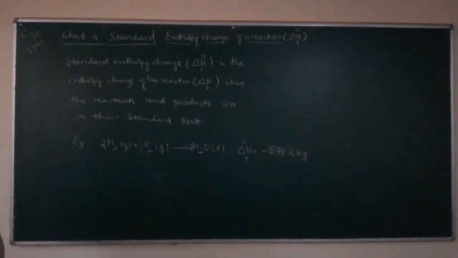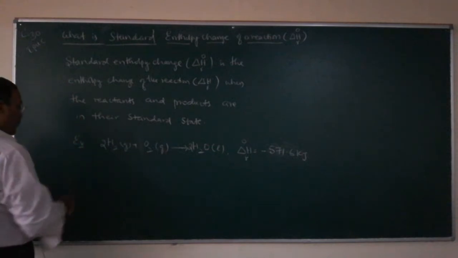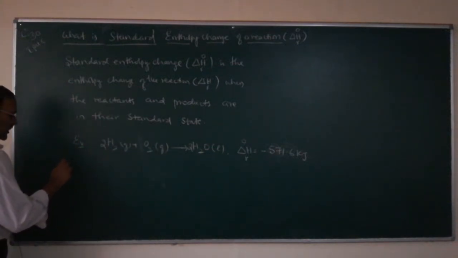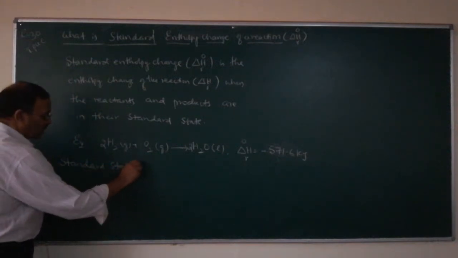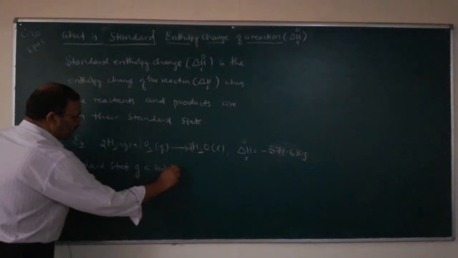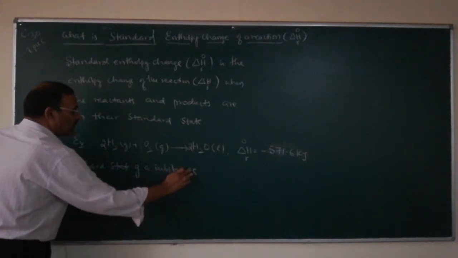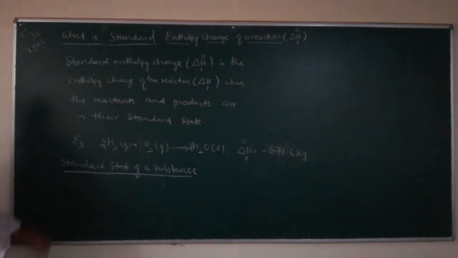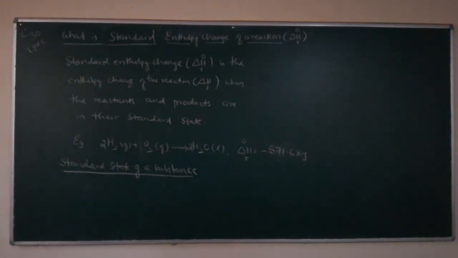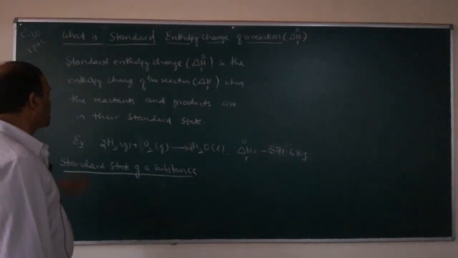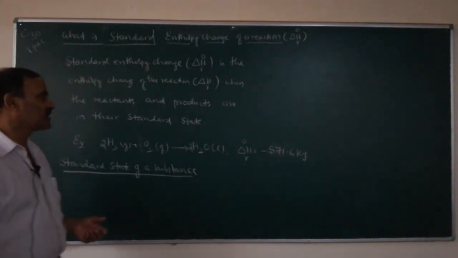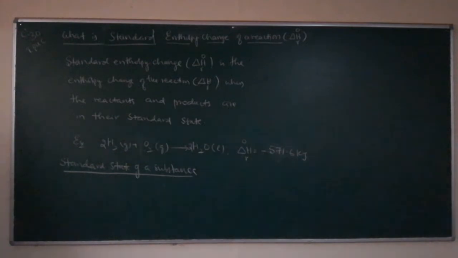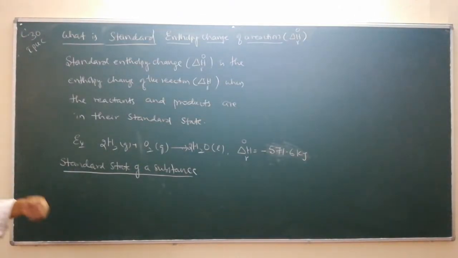So this is what is known as standard enthalpy change. Then we shall know what is the standard state of a substance. I used the word standard state. Standard enthalpy change is the enthalpy change of the reaction when the reactants and products are in their standard state.